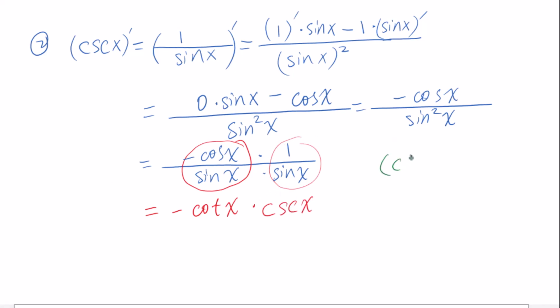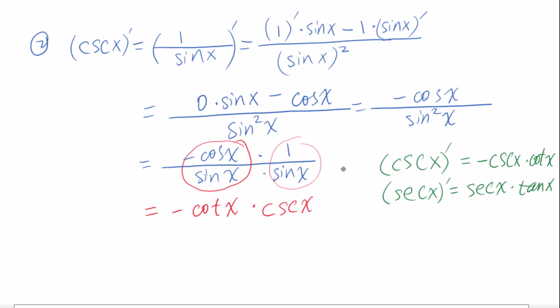Therefore, the derivative of cosecant x equals negative cosecant x times cotangent x. Using the same way, we can figure out that the derivative of secant x equals secant x times tangent x.